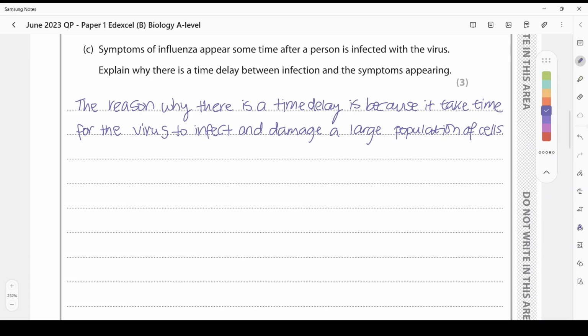And then again, we can mention the different steps in order for them to make the virus particles.